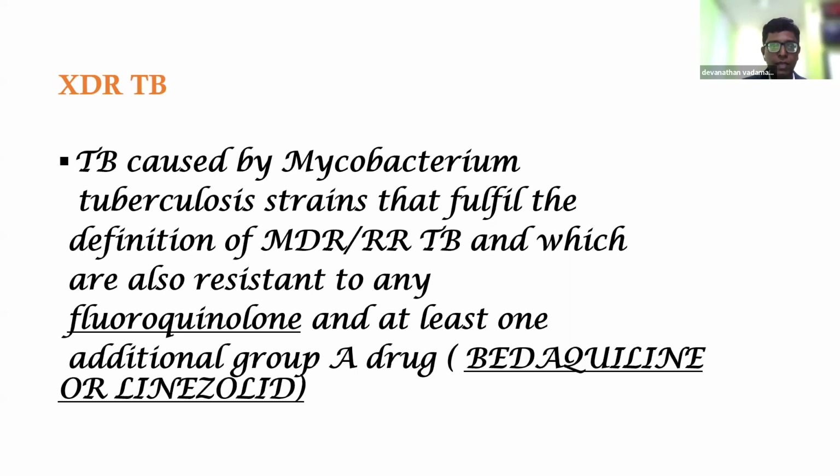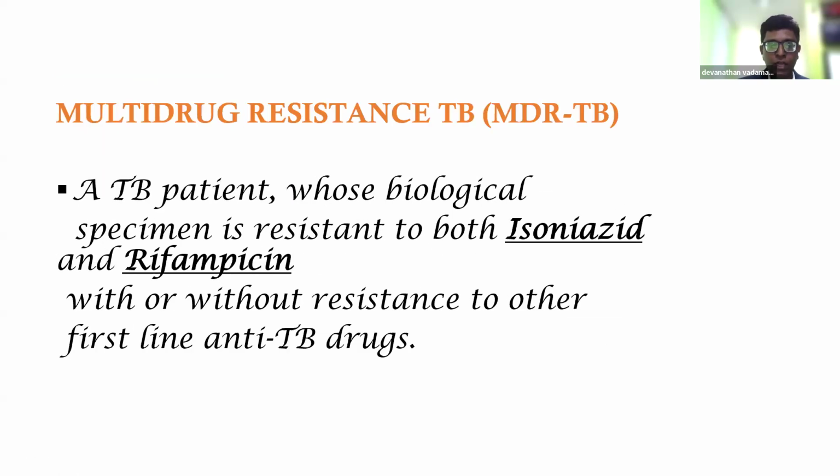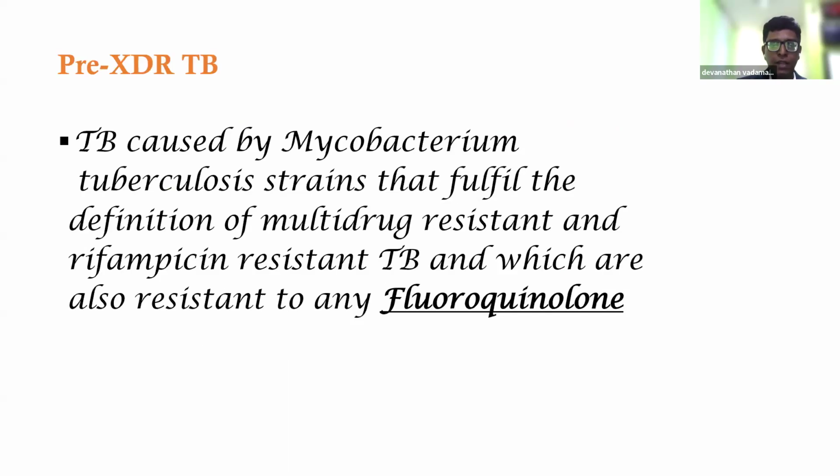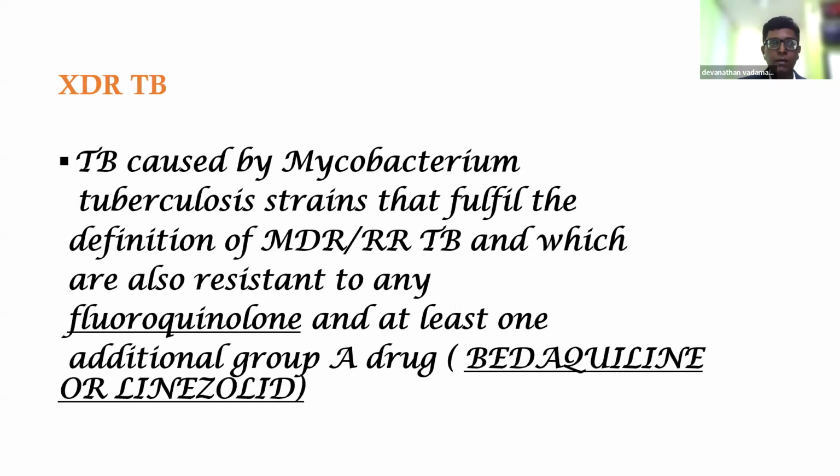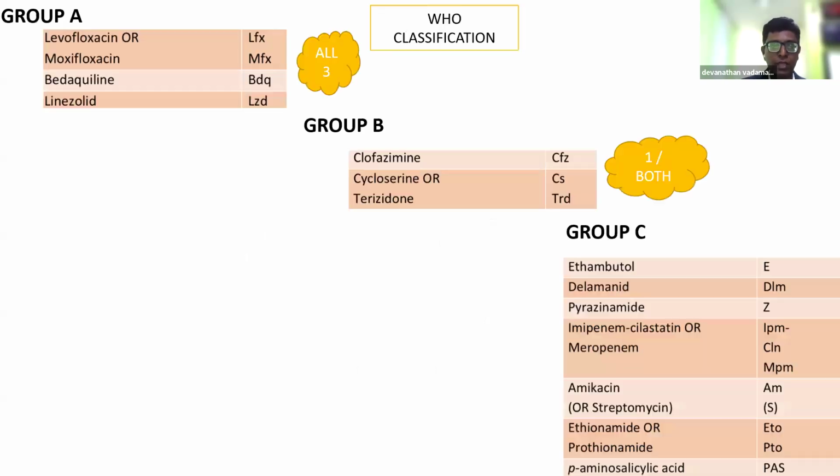Then XDR TB is your pre-XDR TB, that is resistance to isoniazid, rifampicin, and fluoroquinolone, with additional resistance to either bedaquiline or linezolid, known as XDR TB, extremely drug resistant TB. So these 3 terminologies you should know. MDR is isoniazid and rifampicin. Pre-XDR is MDR plus fluoroquinolone resistance. Pre-XDR plus additional resistance to either bedaquiline or linezolid is your XDR TB.